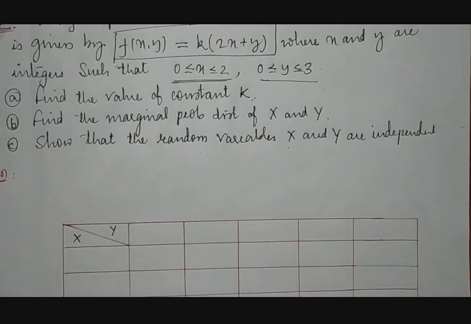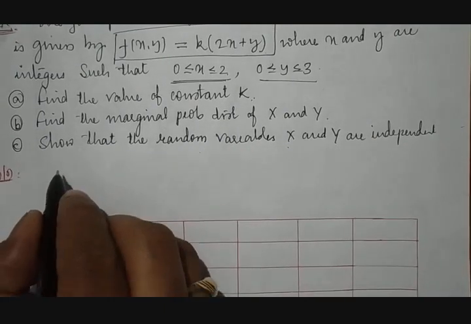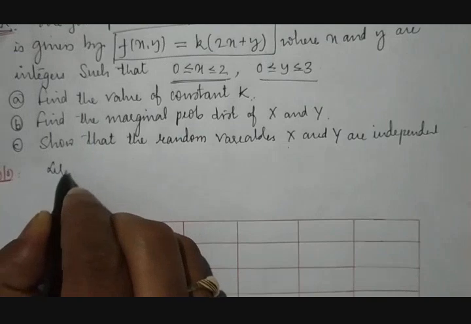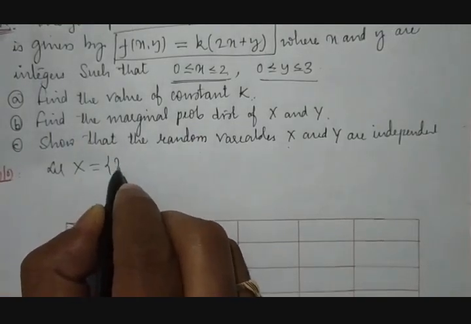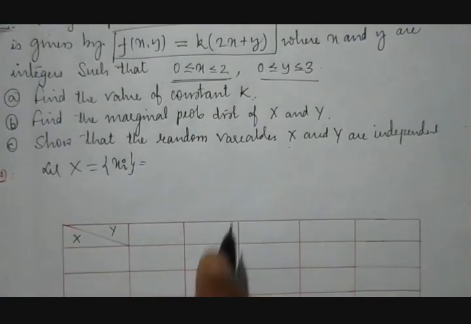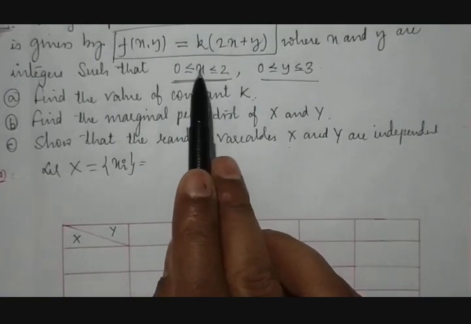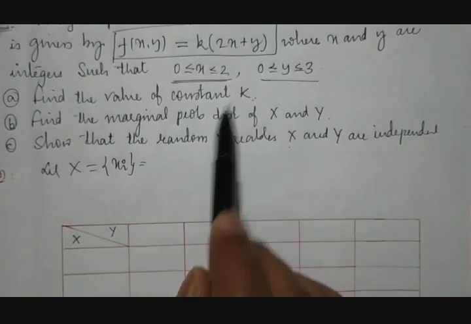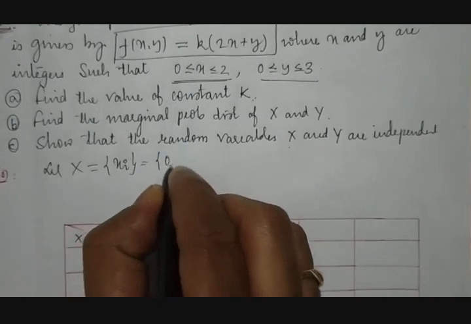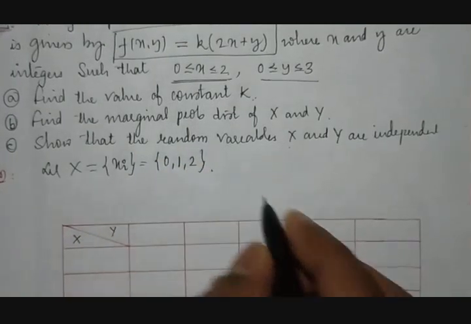How do you get joint probability distribution? First we need to take x, that is nothing but xi. What is xi given? X lies between 0 to 2, so the values are 0, 1, 2.